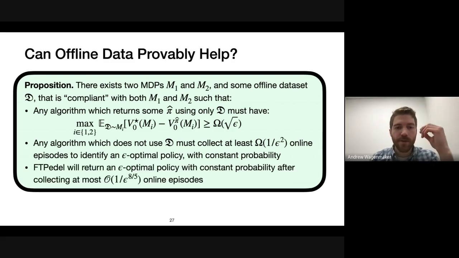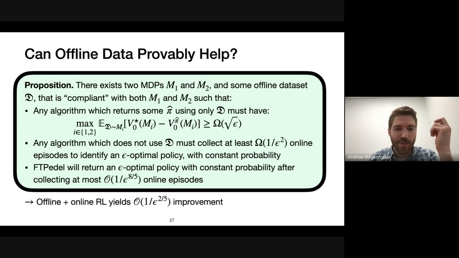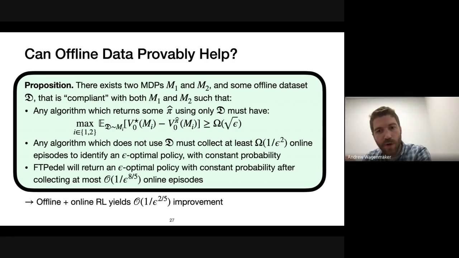But our algorithm is able to find an epsilon optimal policy with complexity that scales as 1 over epsilon to the 8/5 online episodes. So this yields an improvement by a factor of 1 over epsilon to the 2/5 over the purely online samples, while achieving the goal of learning an epsilon optimal policy, which the purely offline samples are not able to do.